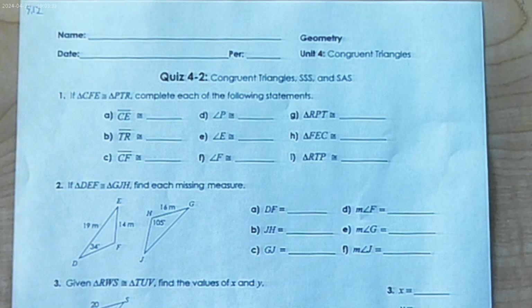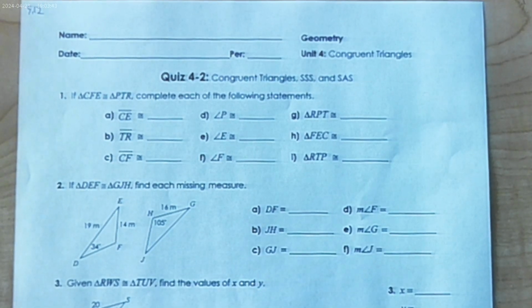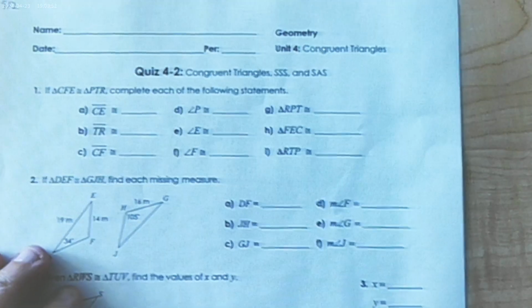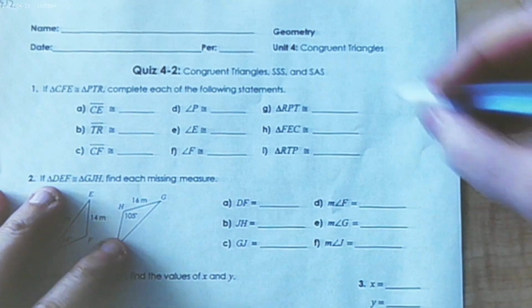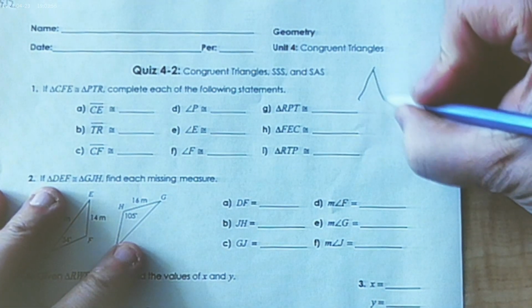So for triangles CFE congruent to PTR, complete each of the following statements. Again, if we're working with congruent triangles, even if it's just mapping out sides, even if it's boring, simple stuff like this, I cannot emphasize enough how much easier the project becomes if you do this.